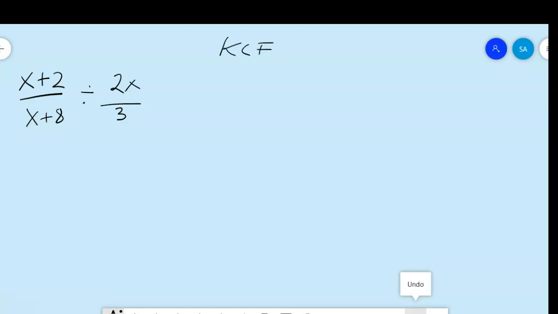So that means we keep this fraction as it is. The division becomes multiplication, and then we flip the second fraction.